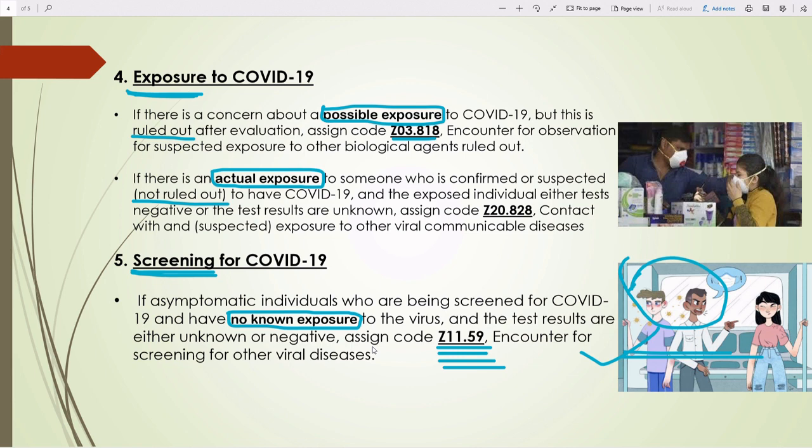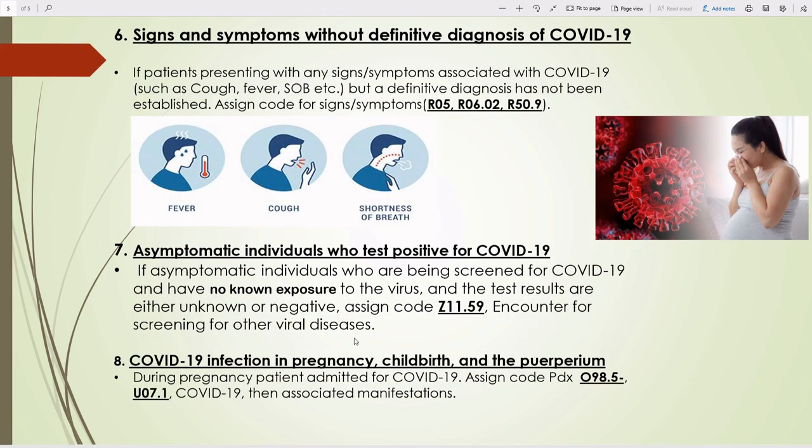So at that time we have to assign Z11.59. Next, signs and symptoms without definitive diagnosis of COVID-19. If a patient presents with any sign and symptom associated with COVID-19, for example cough, fever, SOB, which are the associated signs and symptoms with COVID-19, but a definitive diagnosis has not been established. Important here, a definitive diagnosis has not been established.